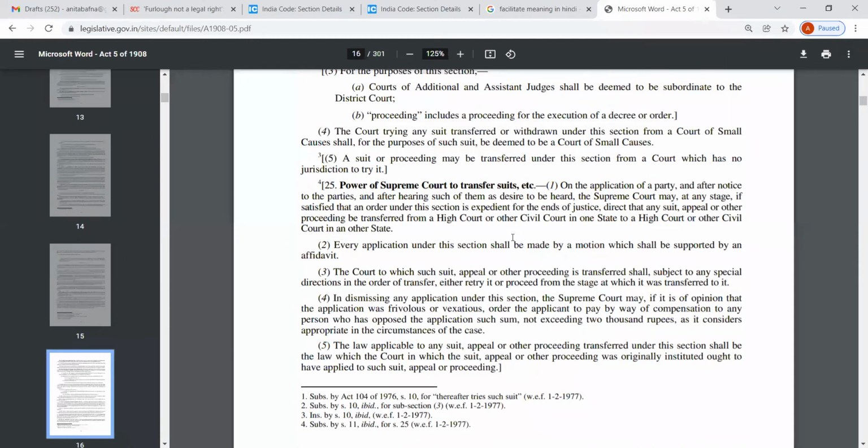I'll give you a simple example to make you understand. Again, a husband files a divorce petition in Mumbai, that is, the Mumbai Family Court, against the wife, and she is residing, suppose, at Panipat, Haryana.